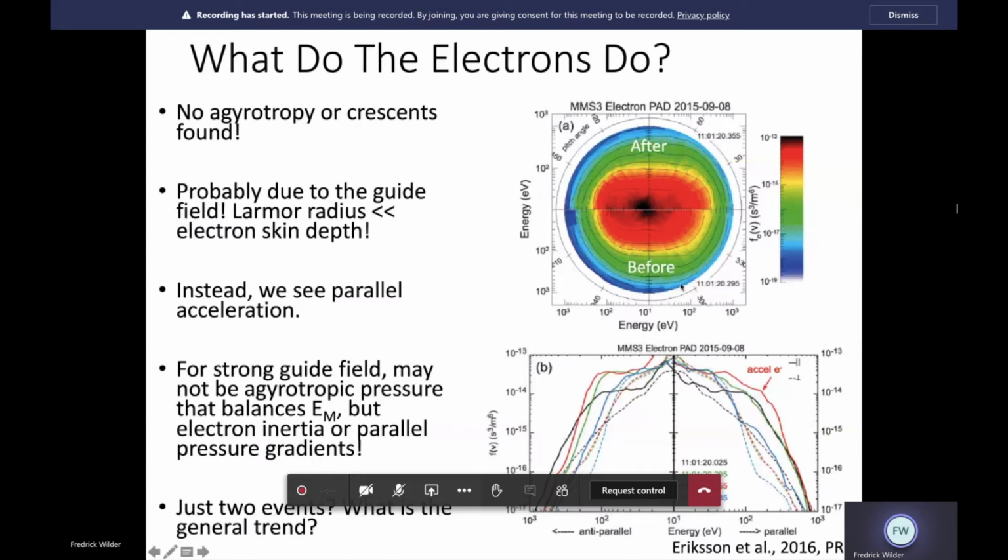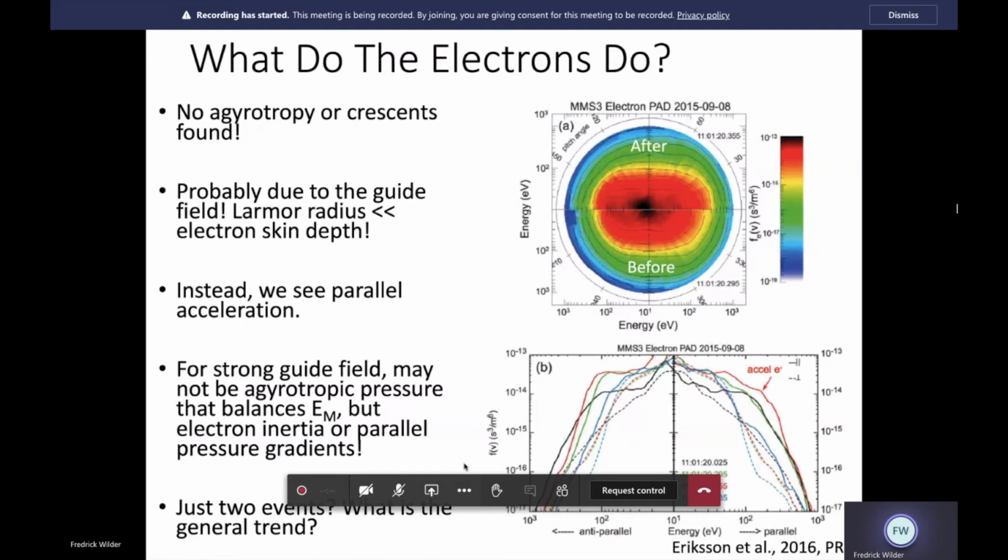This is outside of the diffusion region. This is inside. And we see this big blast of parallel electrons. So reconnection is not being caused by agyrotropy in this case. It has to be caused by either electron inertia or some sort of unidentified parallel pressure gradient.